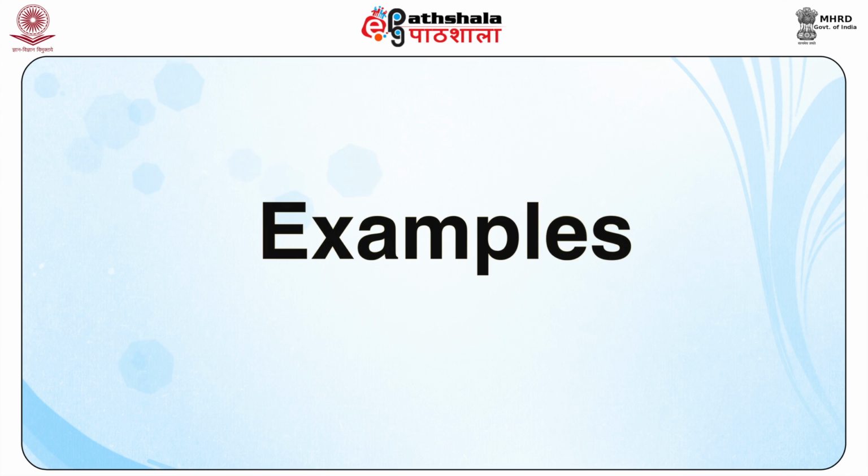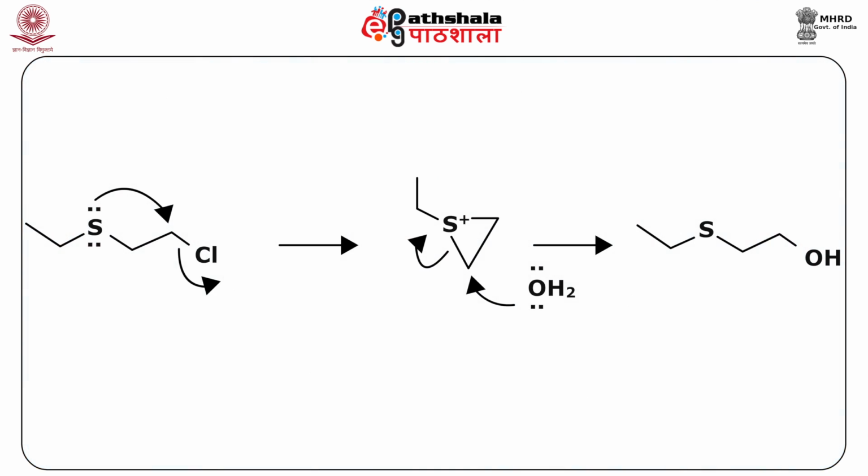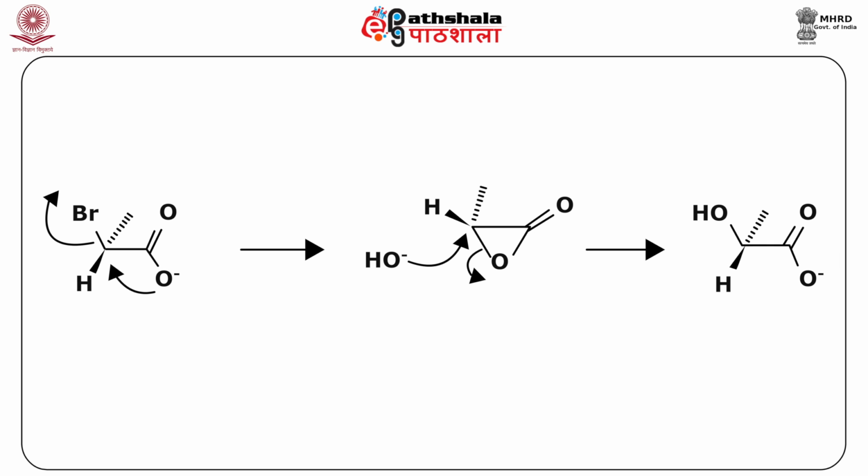Now next, students, we would like to discuss some more examples of NGP, which have also been previously discussed in the same module. Here you can see again a chlorine substituent with a heteroatom participating in NGP in example 1. Here the oxygen atom in the second example is participating in the NGP.